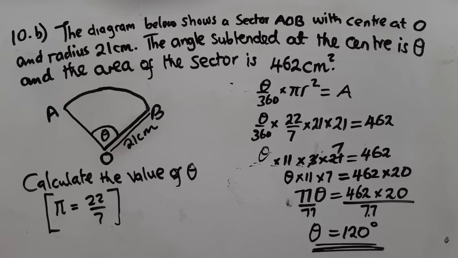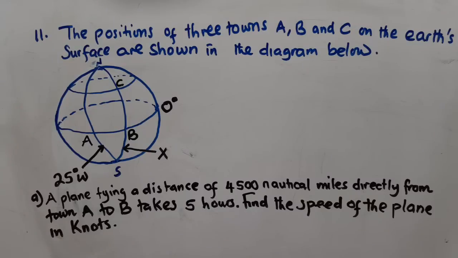Question 11. So we are on question 11, which is earth geometry. The positions of the three towns A, B, and C on the Earth's surface are shown in the diagram below.